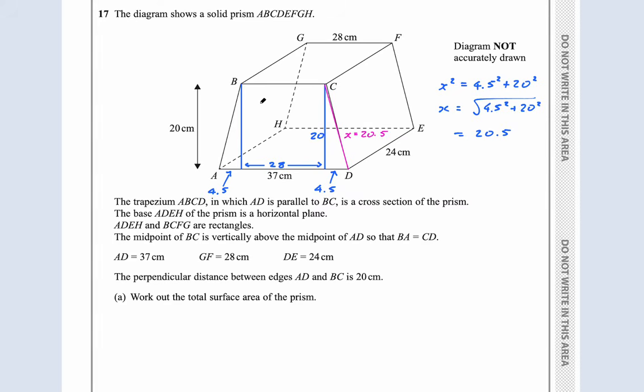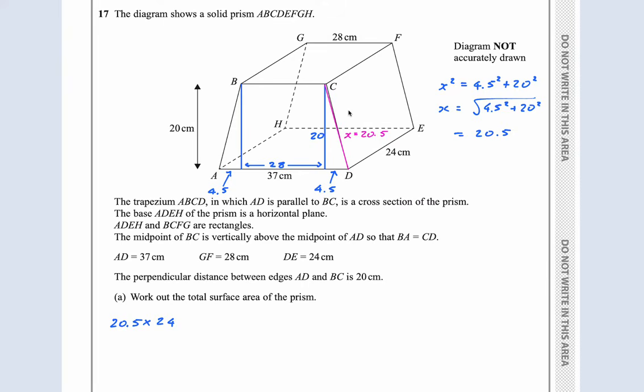This area here is 20.5 times 24. And because of the way he's set it out, the midpoint is vertically above such that BA equals CD.